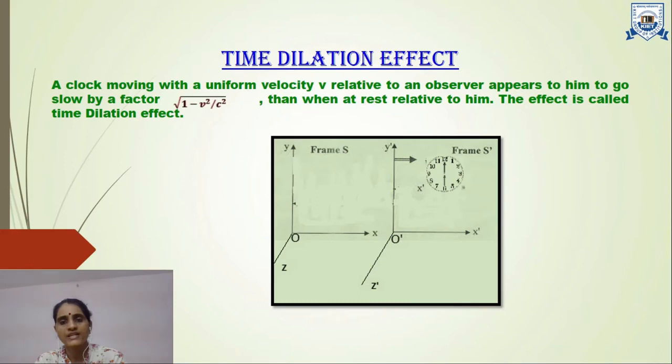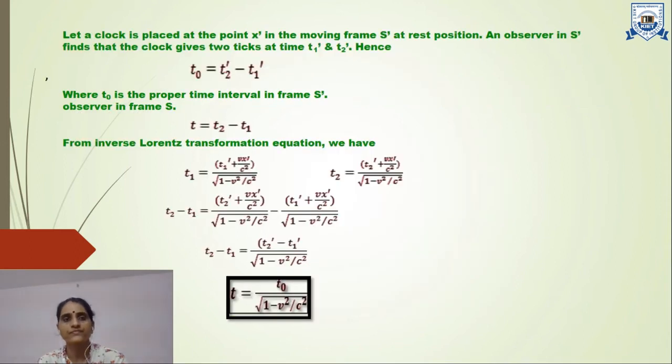After a few seconds, again at the same position the event occurs. So again observer O notes down the time of the event as t2, and observer O dash notes down the time as t2 dash in frame S dash.